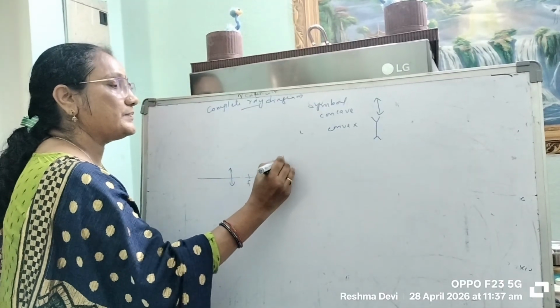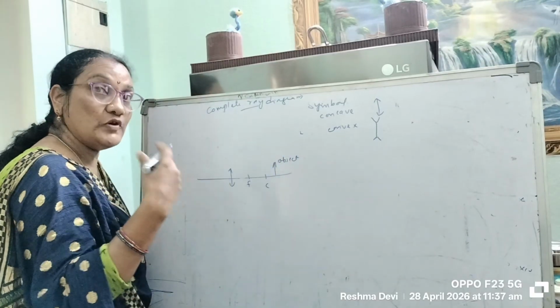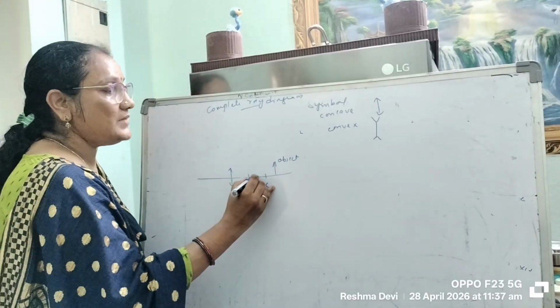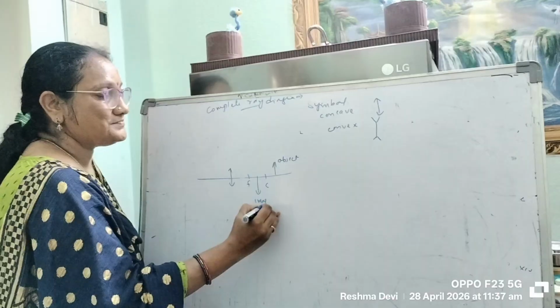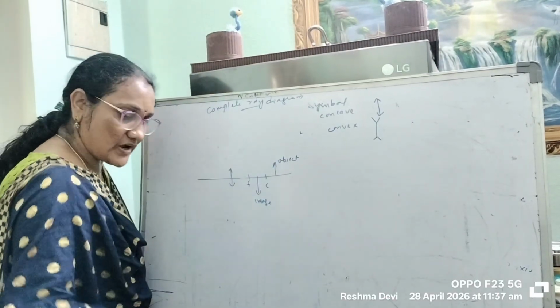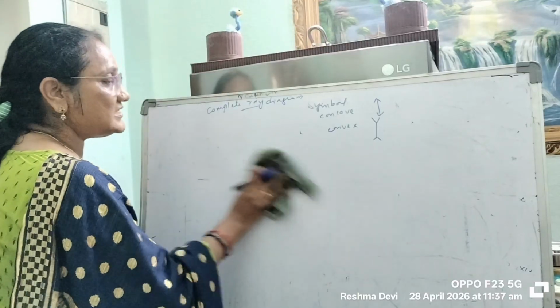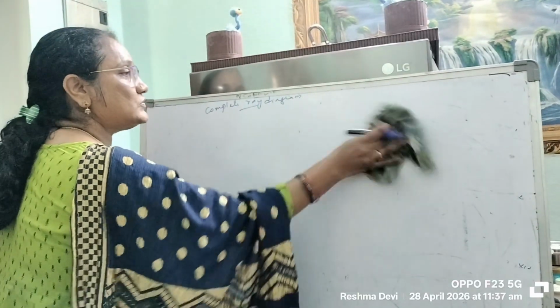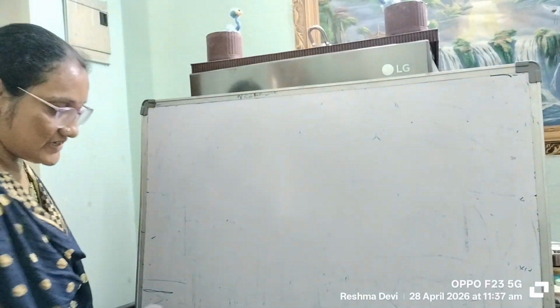The object is kept beyond the center of curvature, which means the image is in front of the center of curvature. Complete the diagram. Like this, they will ask questions in SSC.